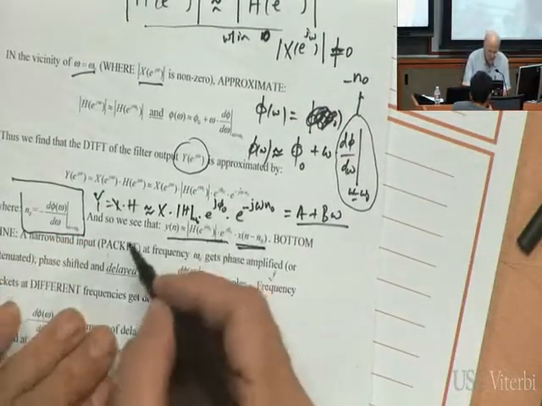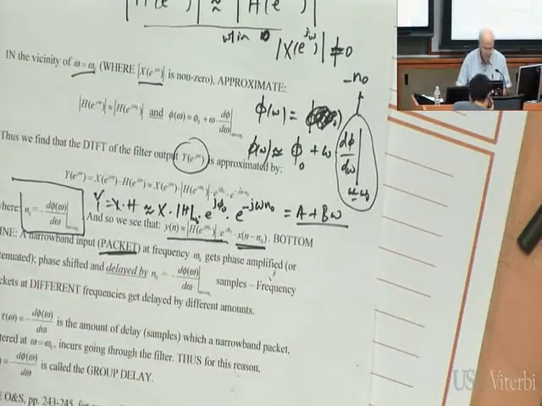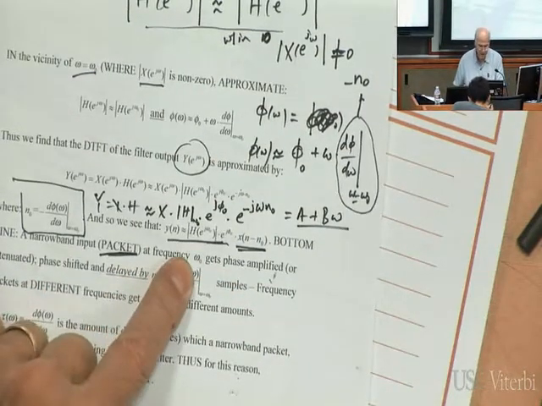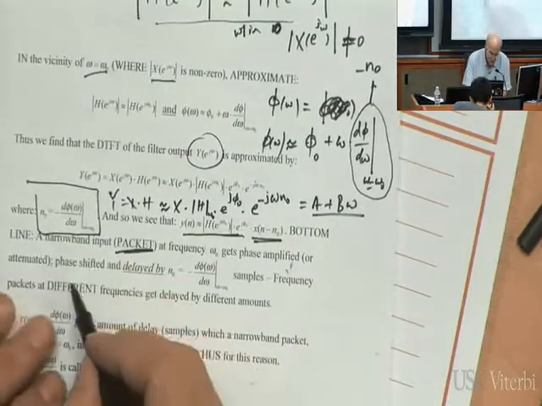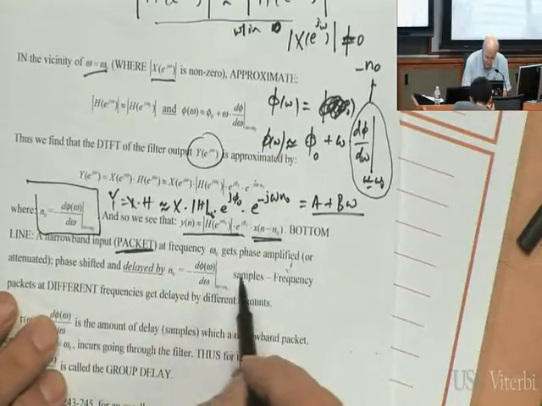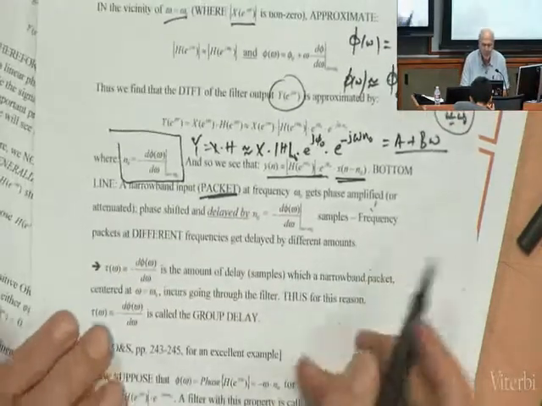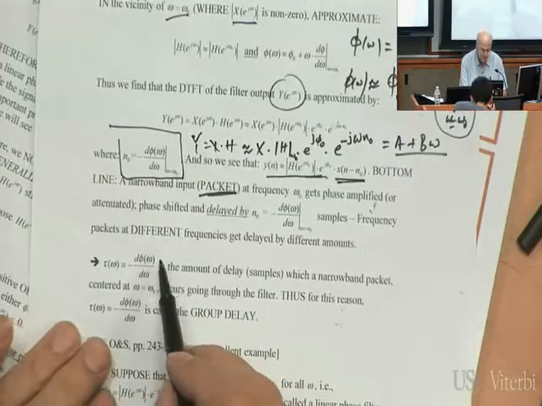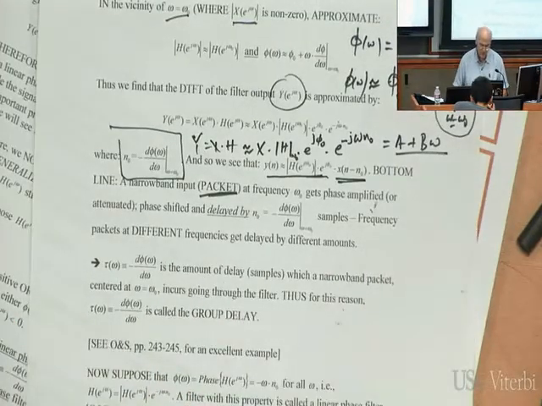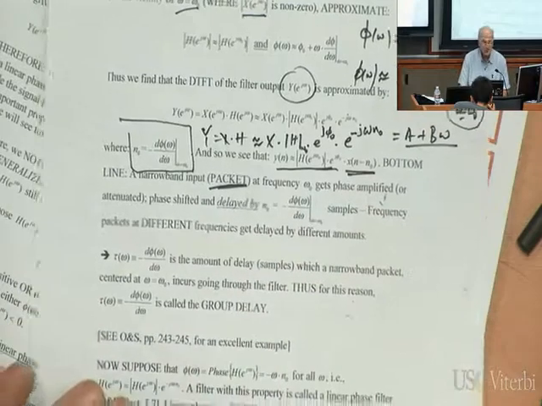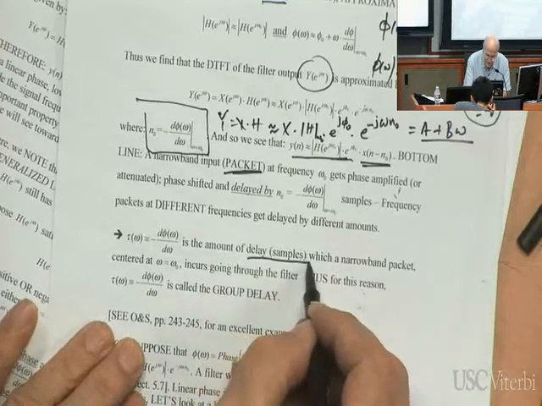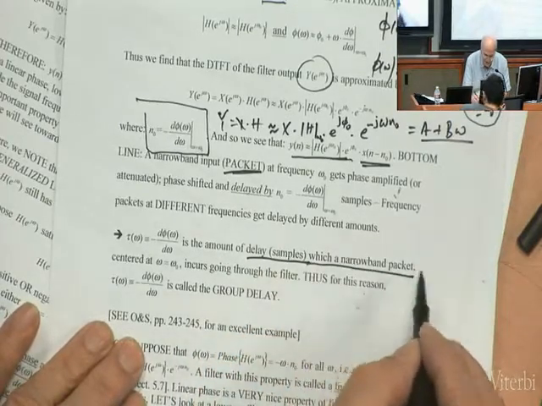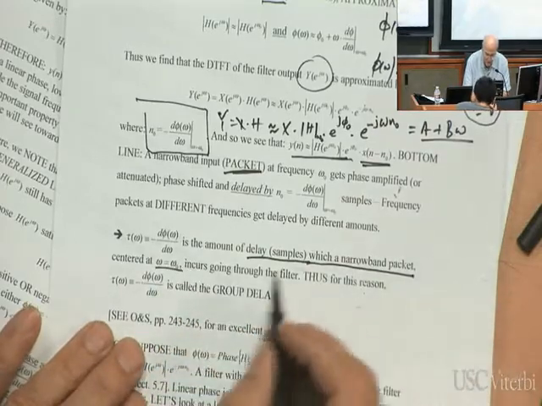A narrowband input, sometimes called a packet at frequency omega naught, gets amplified or attenuated, phase shifted, and delayed by n naught samples. Frequency packets at different frequencies get delayed by different amounts. So this minus d phi d omega is the amount of delay in samples which a narrowband packet centered at omega naught incurs as it goes through the filter.